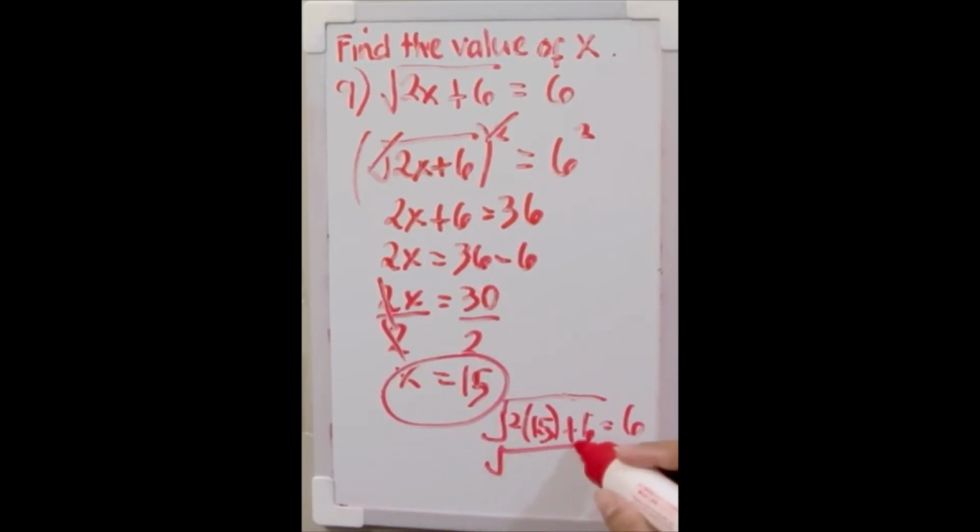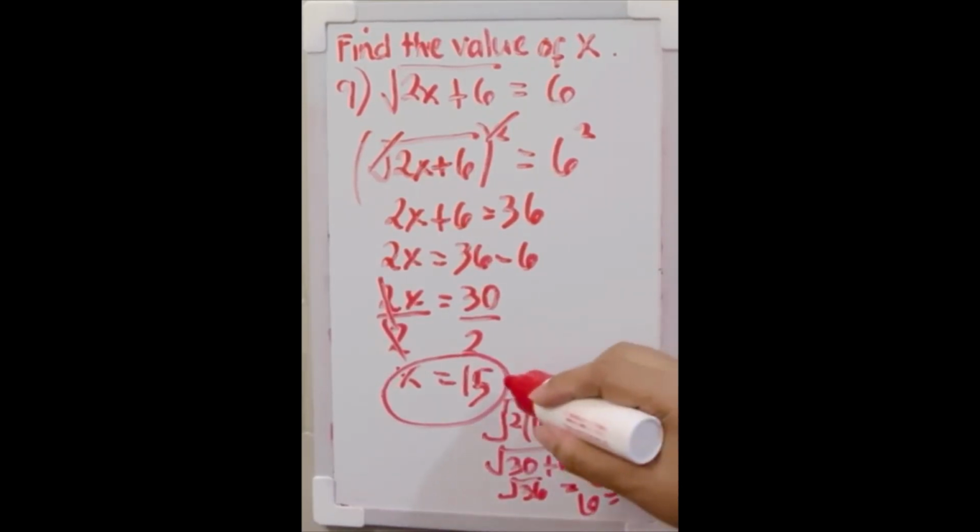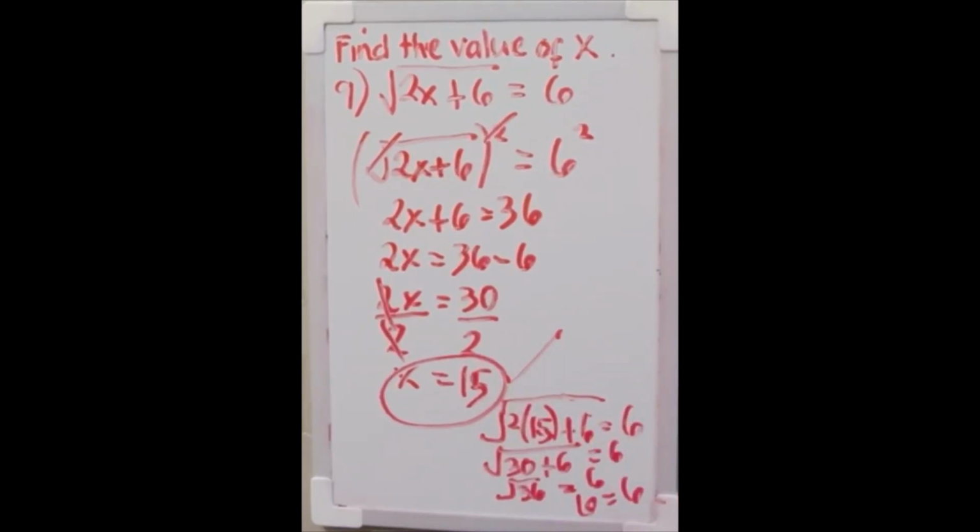So square root of 2 times 15 is 30, plus 6 equal to 6. And 30 plus 6 is 36, right? So square root of 36 is equal to 6. So get the square root of 36. So that is just 6 equal to 6. So that means our answer here is correct.